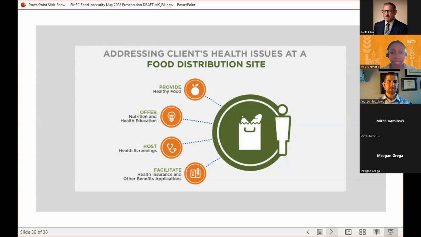Food banks were engaged in offering COVID screens, of course, during the pandemic, and other opportunities around helping patients navigate the way that they are obtaining health insurance or other access to healthcare services.